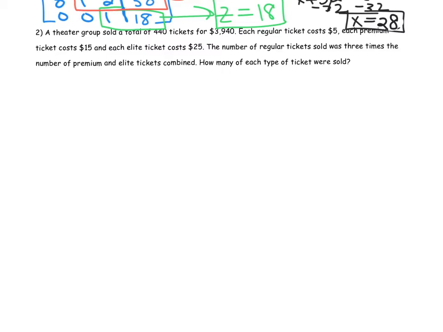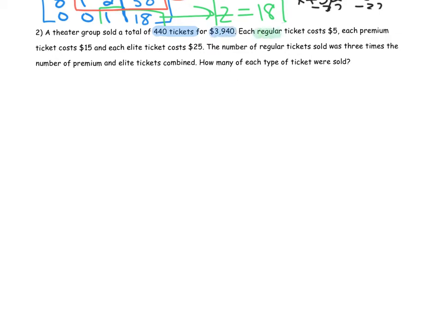For question 2, we have a theater group that sold 440 tickets for $3,940. Each regular ticket costs $5, each premium ticket costs $15, and each elite ticket costs $25. All right, so we should probably highlight some important information here so far. They sold a total of 440 tickets. $3,940 was made.